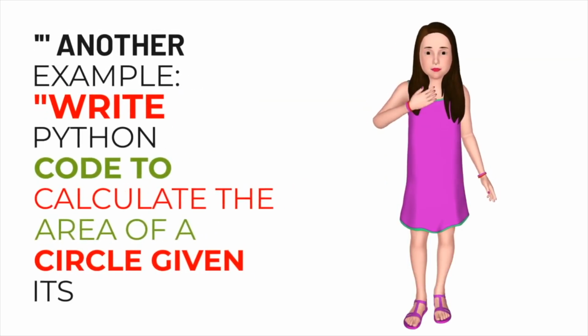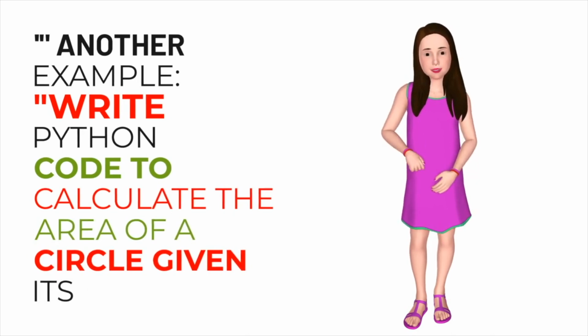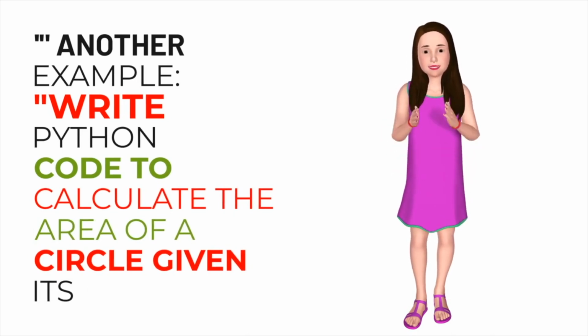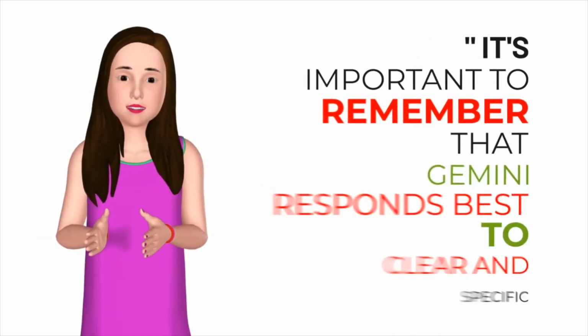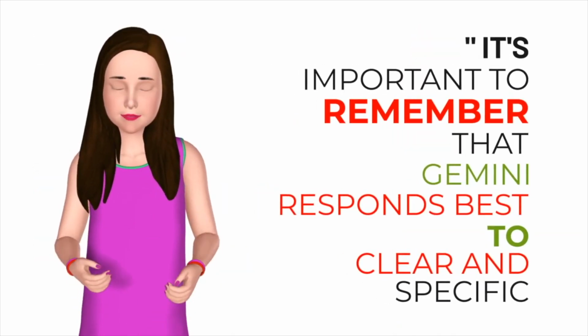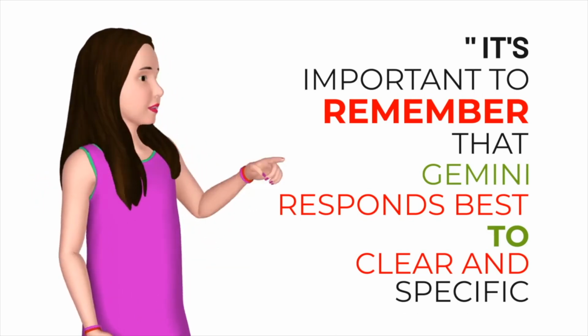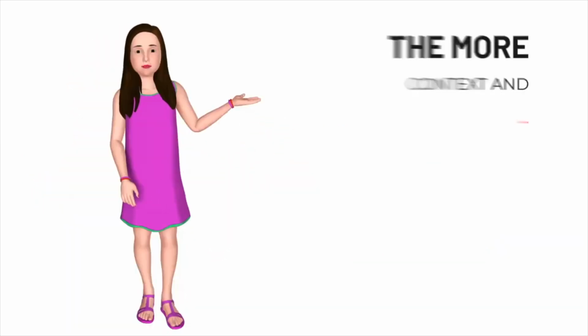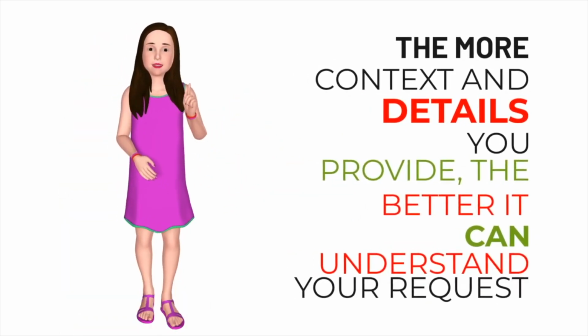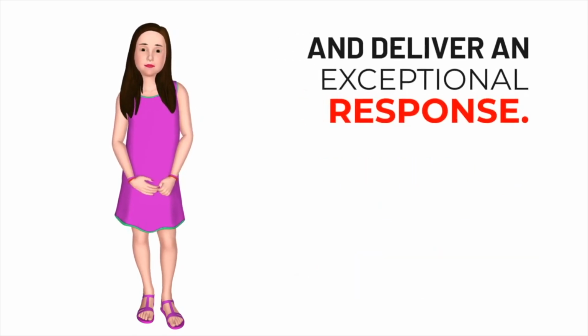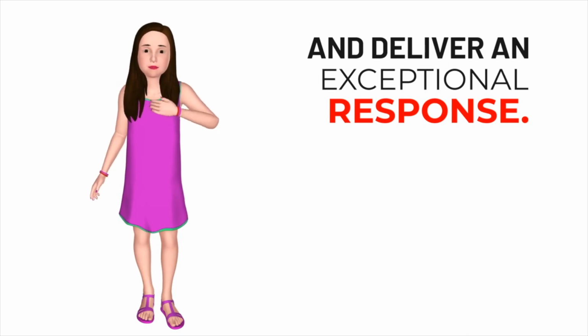Another example: write Python code to calculate the area of a circle given its radius. It's important to remember that Gemini responds best to clear and specific prompts. The more context and details you provide, the better it can understand your request and deliver an exceptional response.